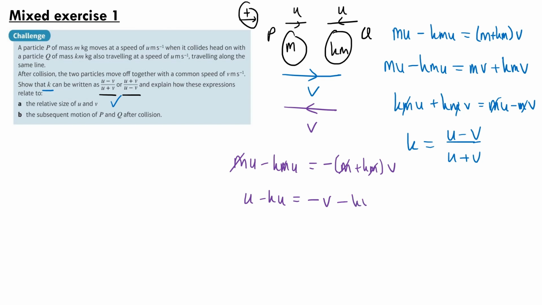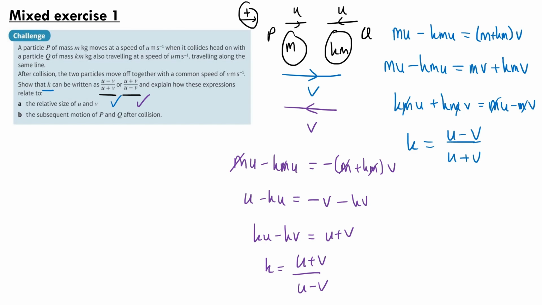Then we can collect the k terms, so ku minus kv equals u plus v. Then factorize k out, divide by u minus v, which gives us (u plus v) over (u minus v), our second option. So that's the first part done.